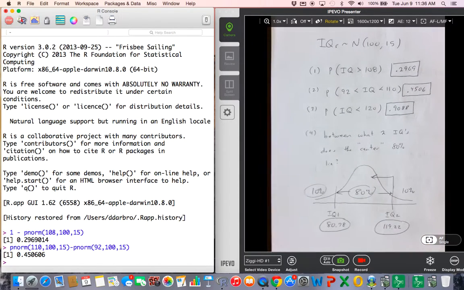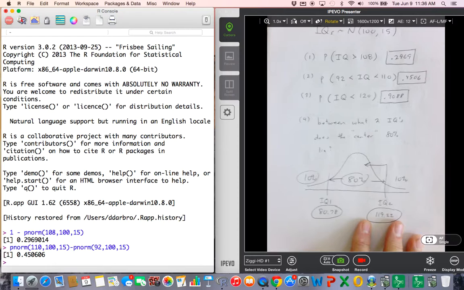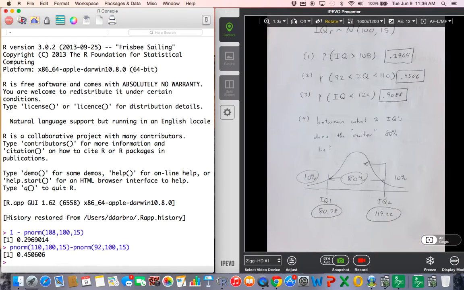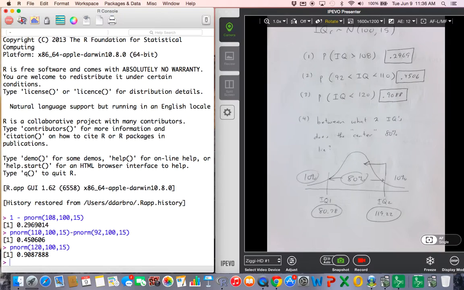Now guys, if your problem, like the number 3 there, is just strictly below 120, then you know life is good. It's just a direct entry, and so you get 0.9088. Now the other one, we've already set up the problem: between what two IQs does the center 80% fall.